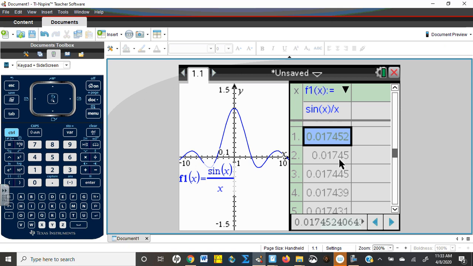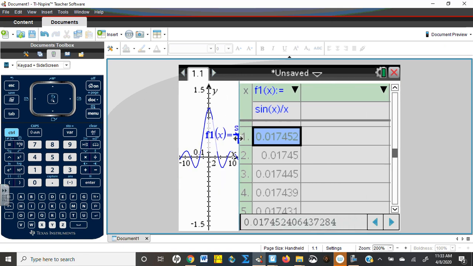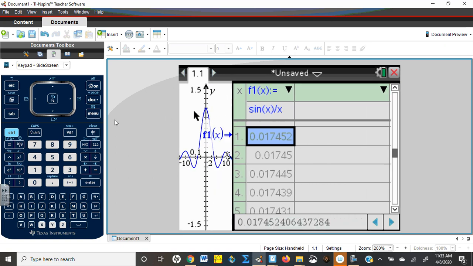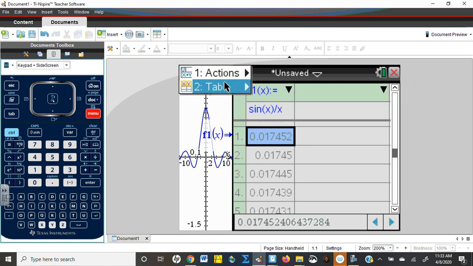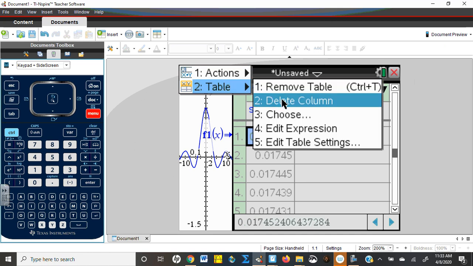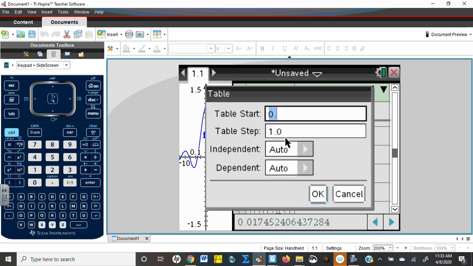Let's go by 0.01s. That should be a really good one.